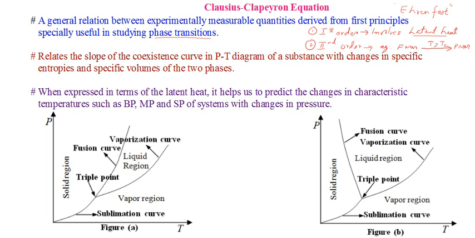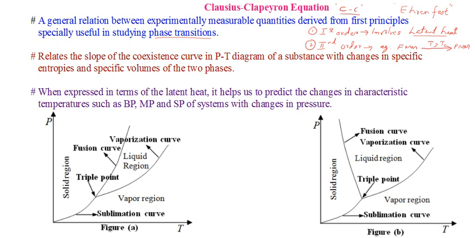I'll call it the CC equation in short. The CC equation, or the Clausius Clapeyron equation, is also known as the latent heat equation, because it can be expressed in terms of the latent heat.